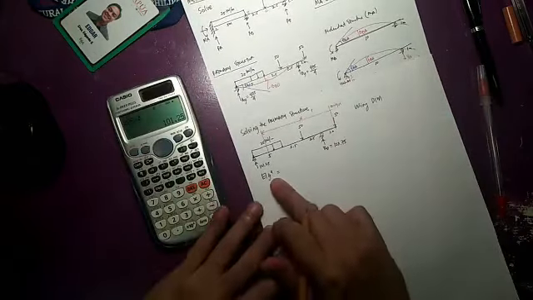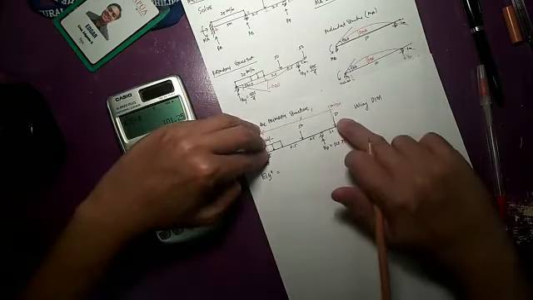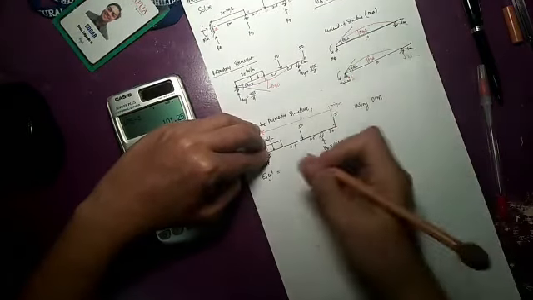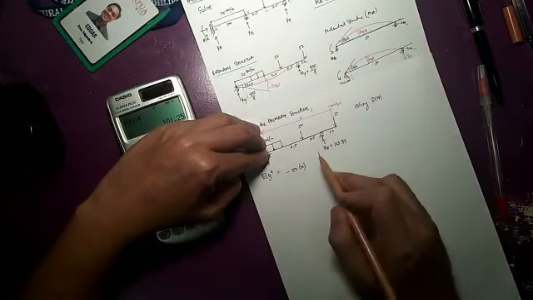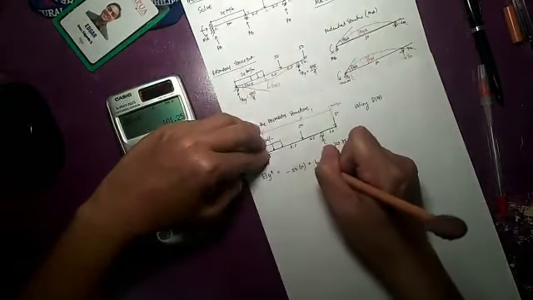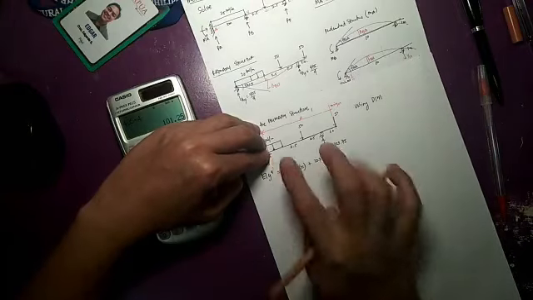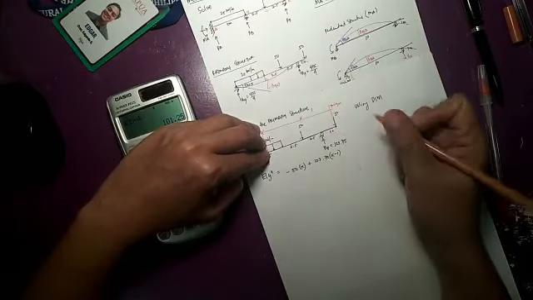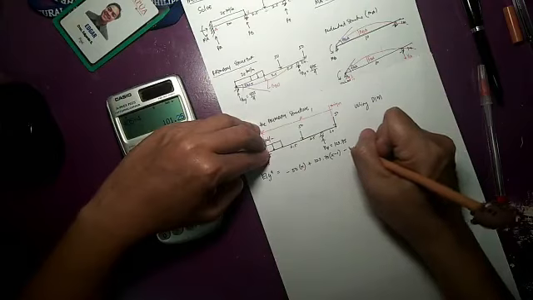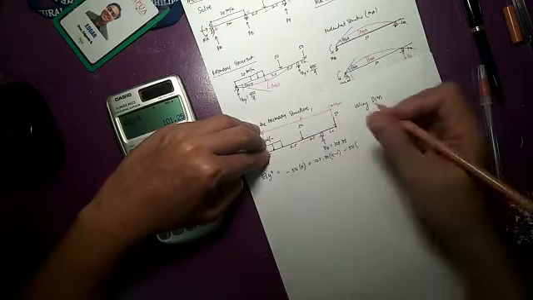Writing the moment equation, cutting sections here, I'll have 50, that is clockwise, so that is negative: negative 50 times x. Then we have this one, that is counterclockwise, so that's positive: 123.75, and the moment arm of this from this point is x minus 1. Then we have another 50, so that's negative 50, and the moment arm is x minus 3.5.